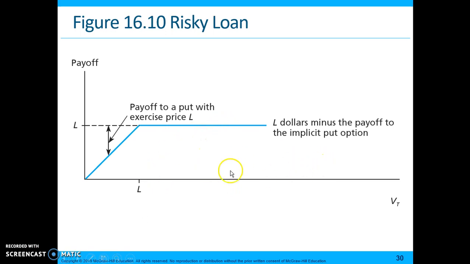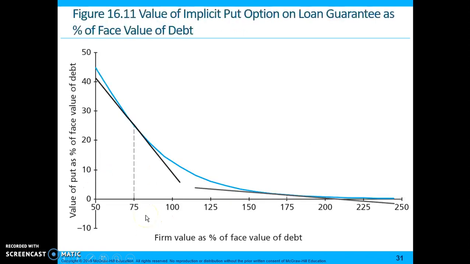In this case, the payoff of the put is that when the value of that property, whether it be a home or a company, is below the value of the loan, there's a benefit to the borrower to put it back. That's this value right here, the difference between the loan value and the payoff here.